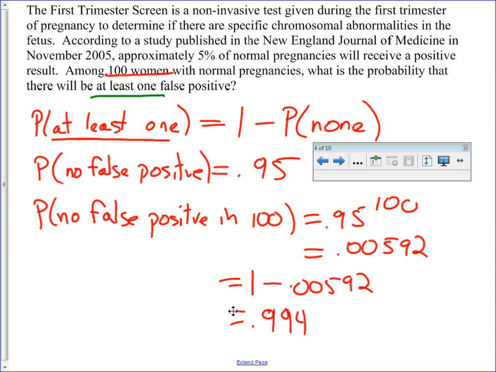So what's the probability that at least one of those women will get a false positive test? 99.4% chance. And so this reversing it and then reversing it again is the kind of problem that you would see. Whenever you see "at least one," know that we're going to have to reverse it and then reverse it back to get our answer. And we'll do another one of these in class so we really get the hang of it.